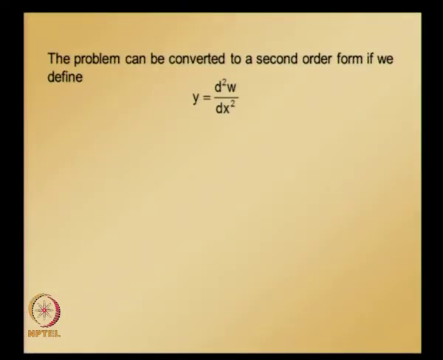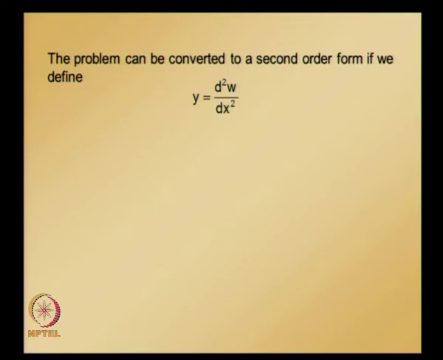The problem can be converted into second order form if we define y equal to the second derivative of w with respect to x, because the general one dimensional boundary value problem for which we derived element equations is a second order differential equation. Somehow we need to bring this fourth order differential equation into a second order differential equation, so that we can write the element equations for this column buckling problem.